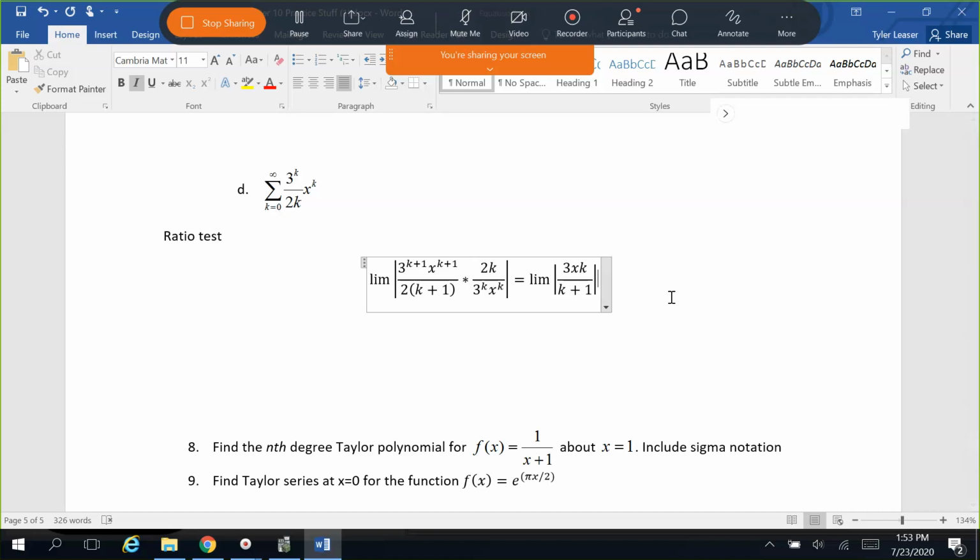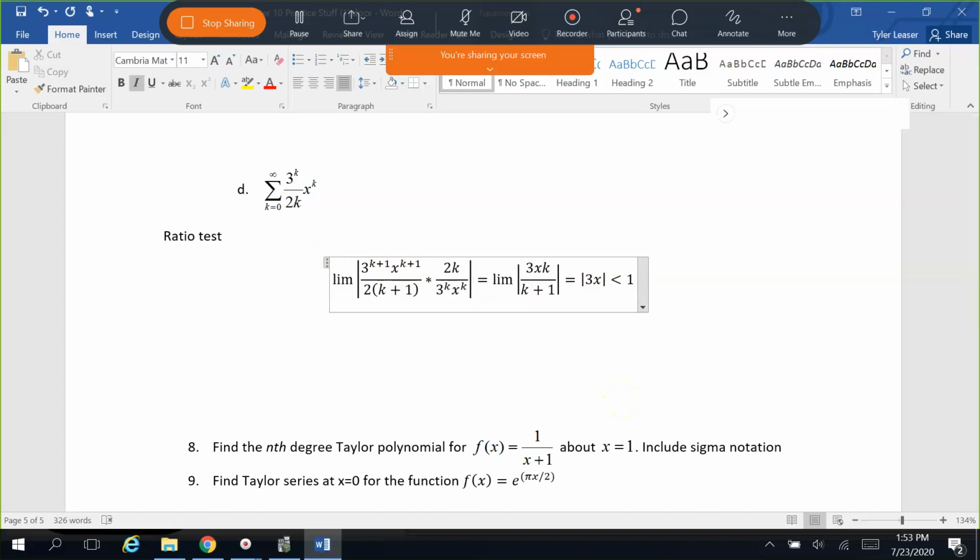As I take the limit as k goes to infinity, I have a k up top and a k on the bottom. As a ratio, these are going to go to 1, which means that the total limit is going to go to the coefficient 3x over the coefficient 1. So in other words, just the absolute value of 3x is going to be the limit of the ratio test.